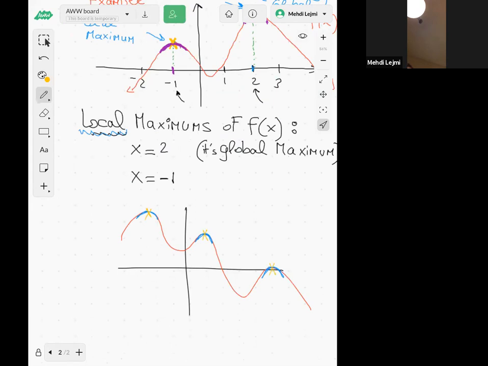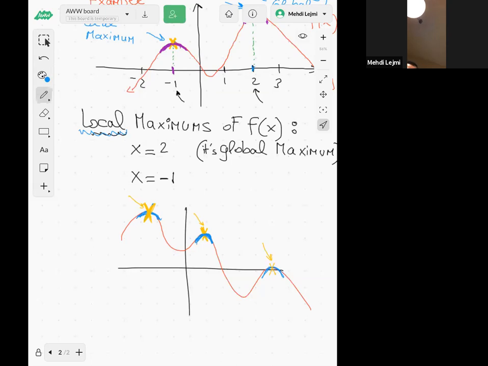These yellow points are the highest points in their neighborhoods. This yellow point is the highest in this small blue neighborhood, and same here, this yellow point is the highest in this blue neighborhood.